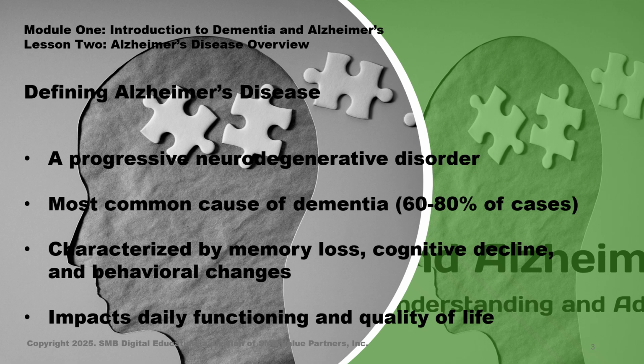For example, someone with Alzheimer's may forget recent conversations or get lost in familiar places. And as the disease progresses, it impacts language, problem solving, and behavior, profoundly affecting individuals and their families. Let's explore how Alzheimer's was first identified to better understand its historical context.